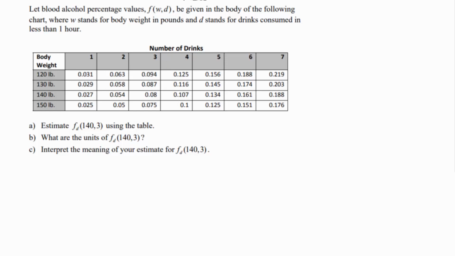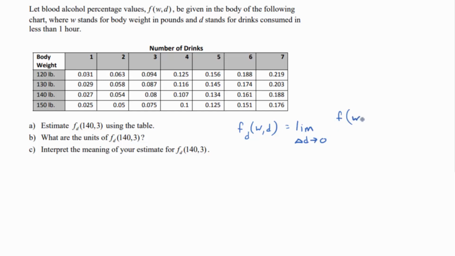So if we had a formula, what would the exact value of the partial of F with respect to D, generically, look like? Okay, so the limit as delta D approaches 0 of what?